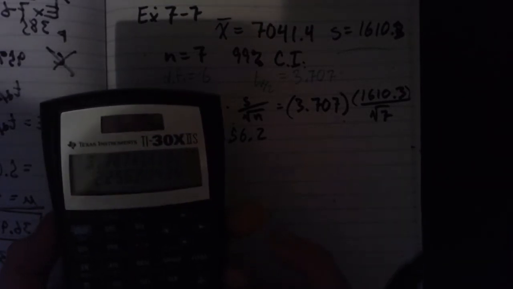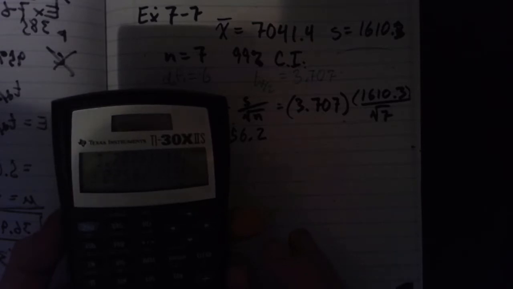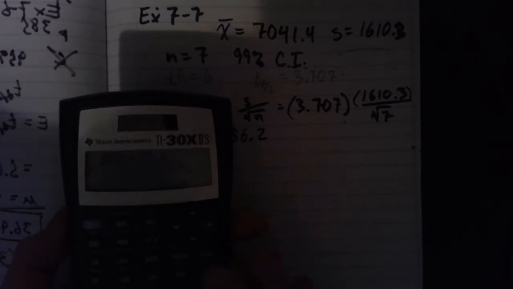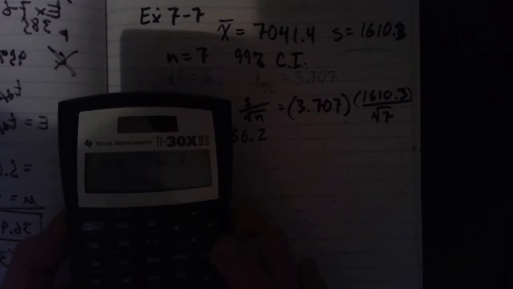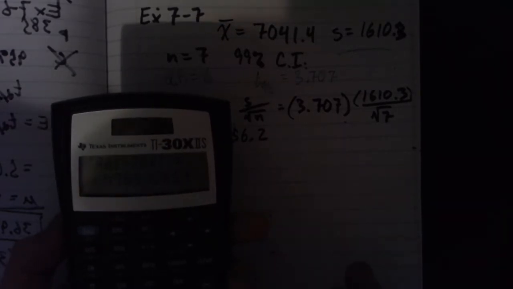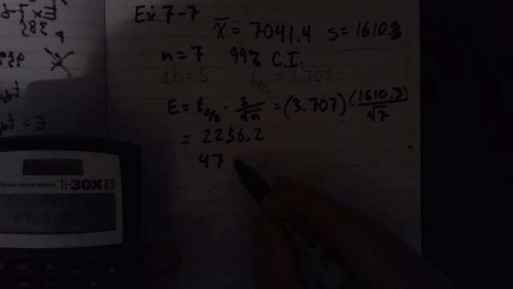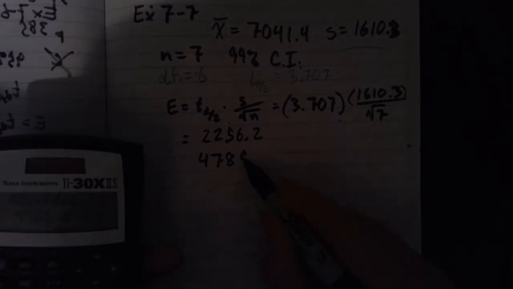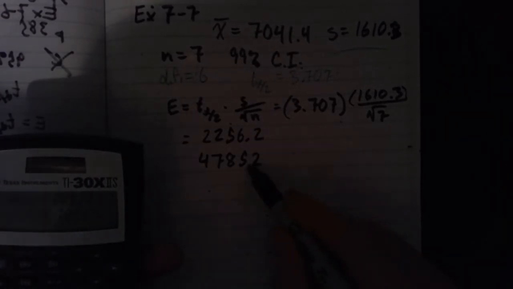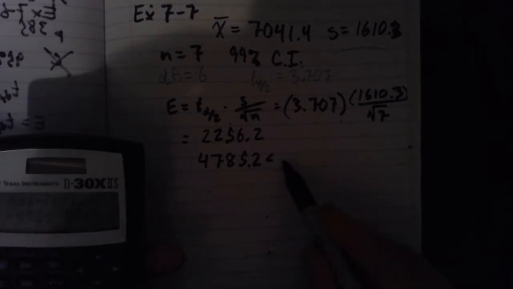So first, let's do the subtracting. So minus 7041.4, we will get 4,785.2 when we round. Okay, so that's going to be the lower bound for mu.